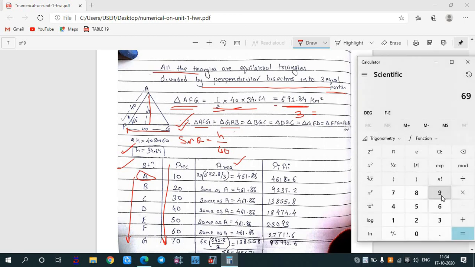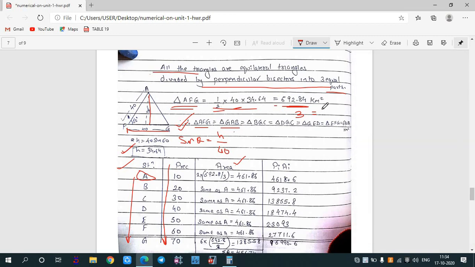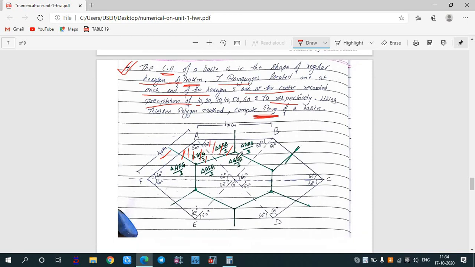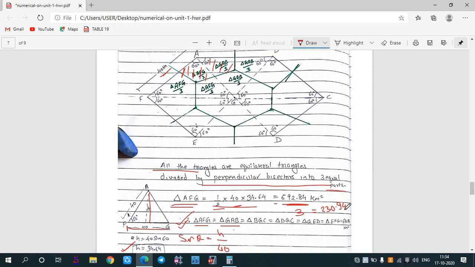The value is 692.84 divided by 3, so it is 230.94. In station A, two parts of the triangle are coming, so this part plus this part. One value is 230.94.